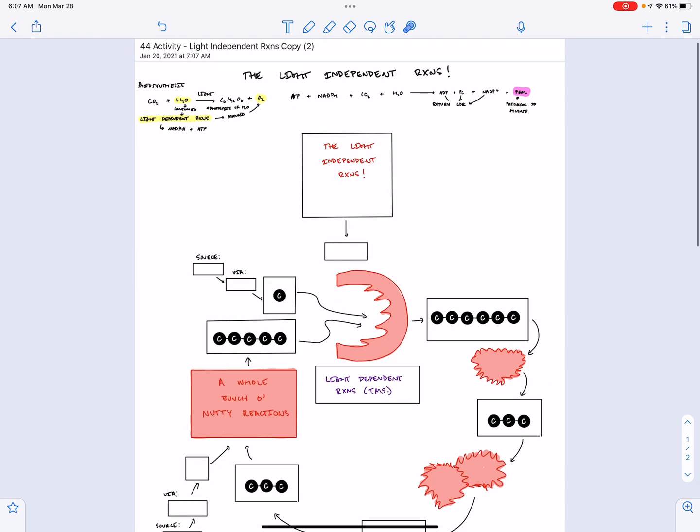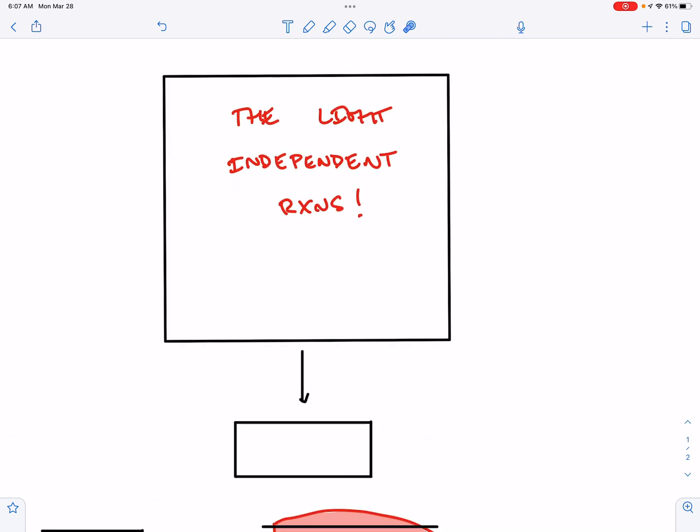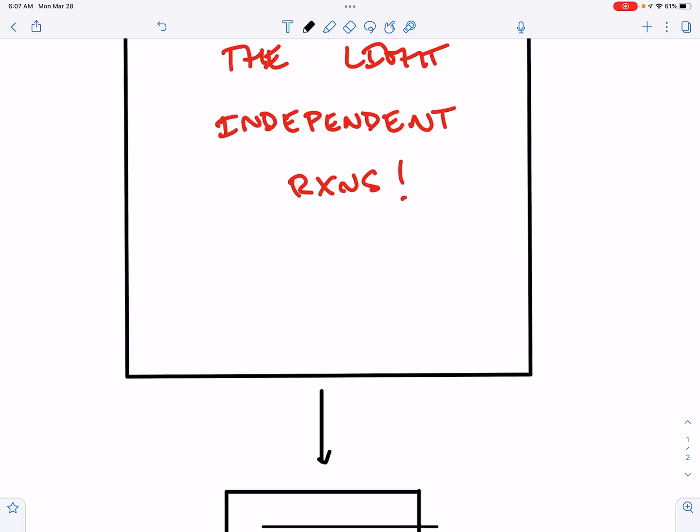Okay, so this is going to be a long screencast. I apologize. The light-independent reactions, we know that they're called many different things.